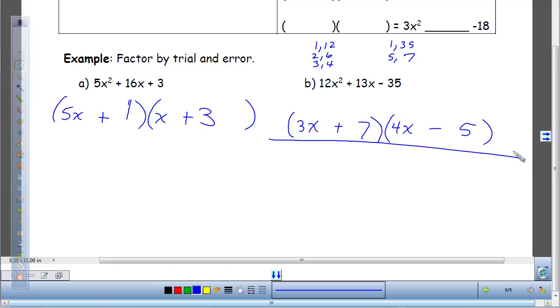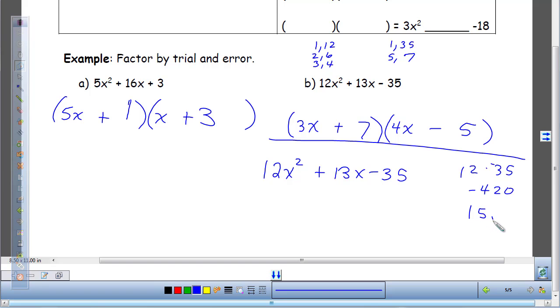So, if we were doing this by grouping, for the record, we've got 12x squared plus 13x minus 35. So you multiply 12 times 35 and you get what? Negative 420. And you found which factors? 15 and 28.